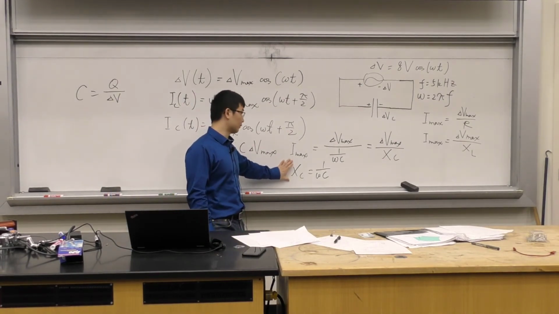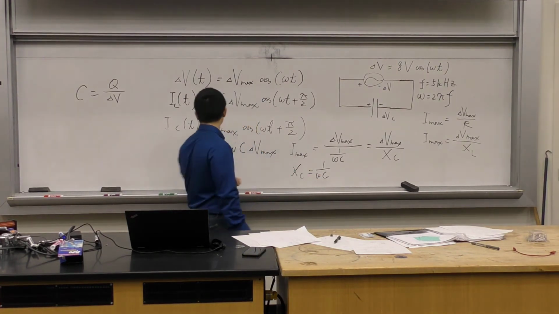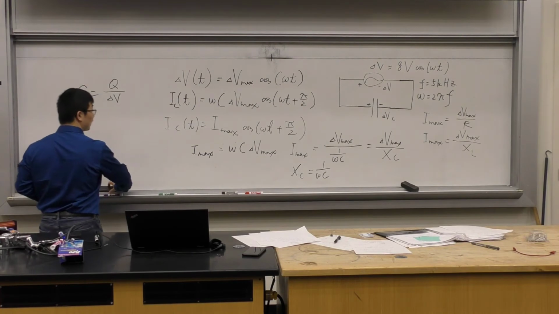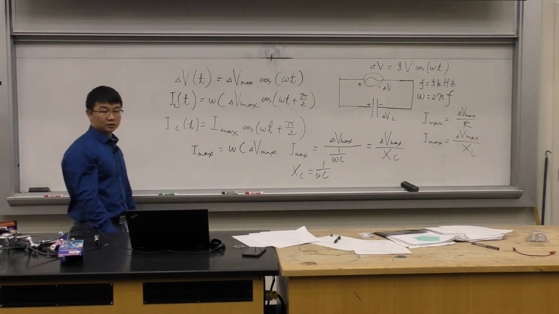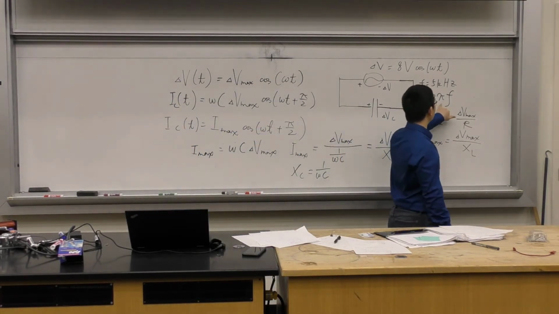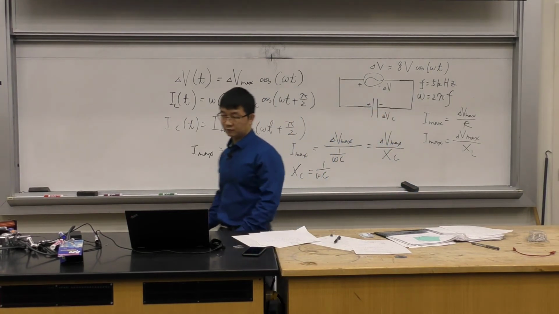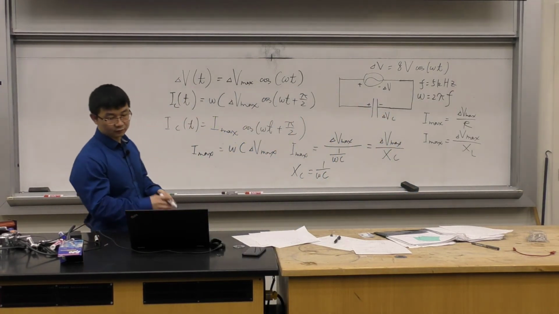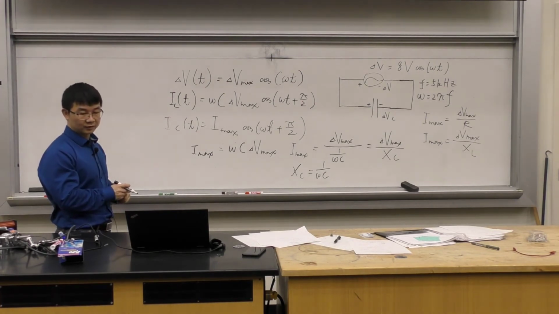Then all I need to do is rearrange this equation to find C. And what is the angular frequency I should plug in? That's 2 pi times this frequency, 5 kHz converted. Pause the video, do this, and then compare your answer with mine.